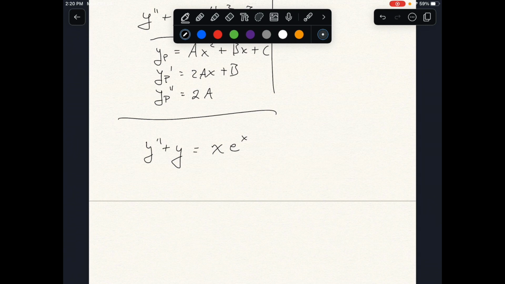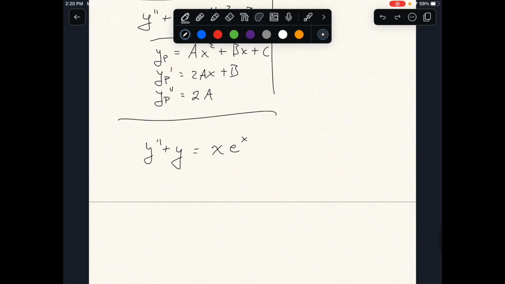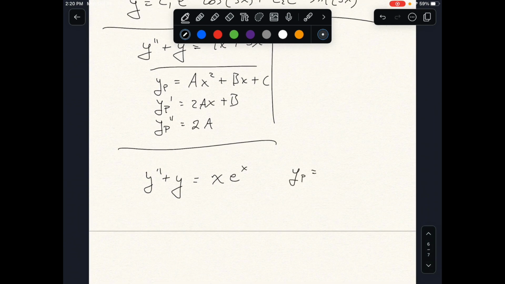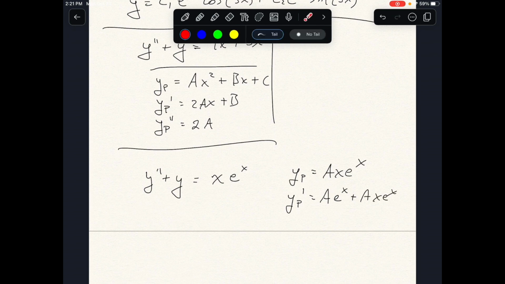So if you have x e to the x on the right-hand side, this would be your initial guess. Now, if you compute the derivative of your initial guess, you'll get some e to the x terms in there. And so because this e to the x term is showing up over here, you're also going to want to include some e to the x terms in your initial guess.